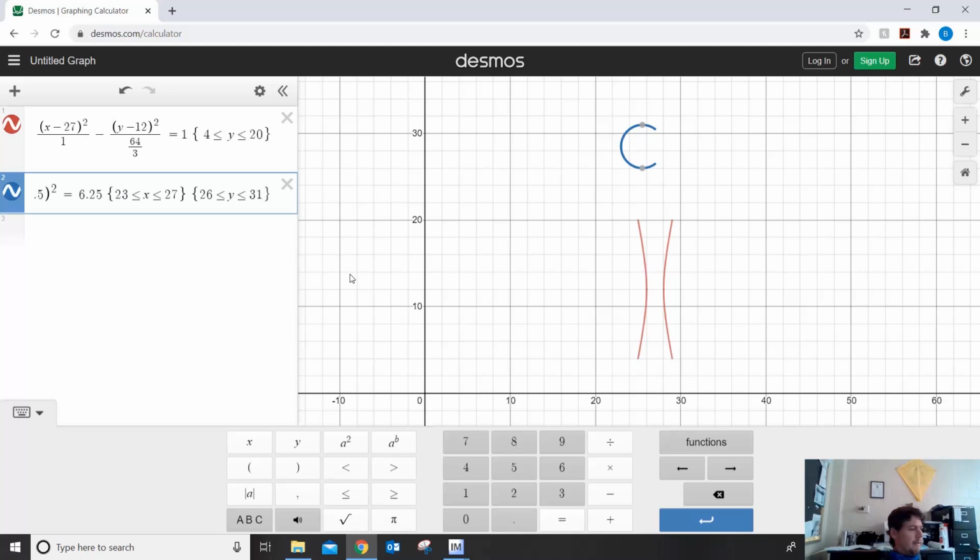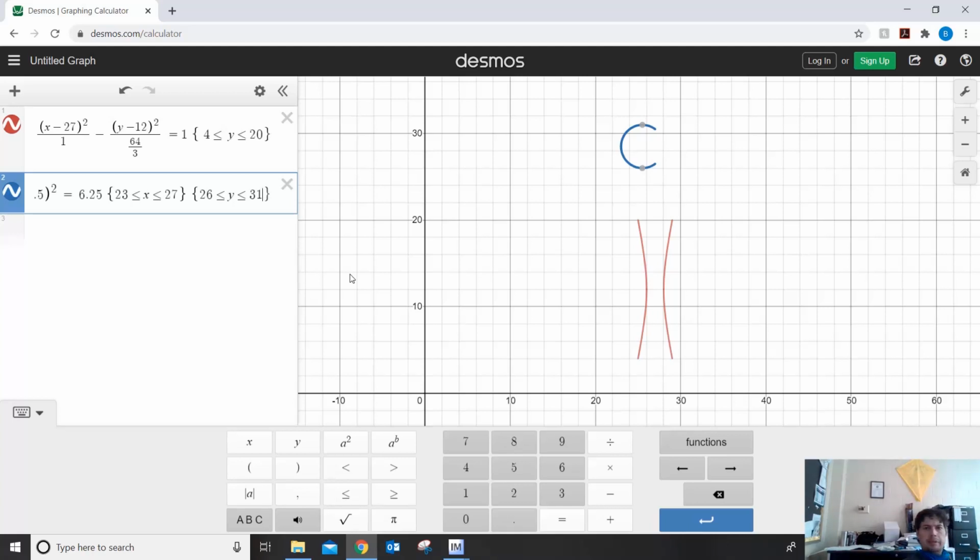Way too much stuff is being drawn. I'll put in for X, put in 23, which is reasonable. Nope, the circle got me stumped a little bit.